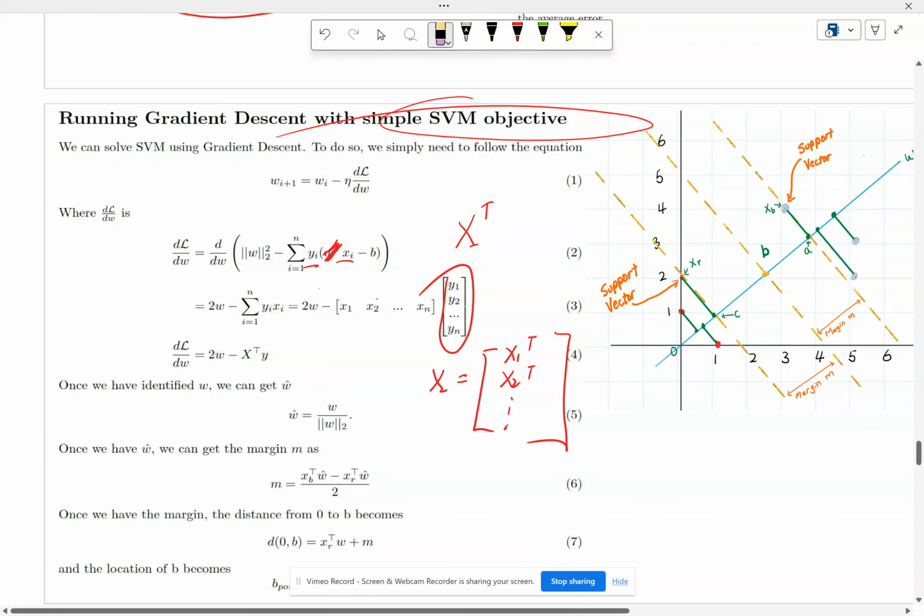Once you get the w, you can now calculate w norm. So just normalize it. And then once we have w norm, we can now calculate the margin. Now remember the equation for the margin. You will essentially project the support vectors. So you need to find the support vectors. You need to find the vector that's closest to the other class. So essentially you have to go through every single point and figure out the point that's of one class that's closest to the other class.